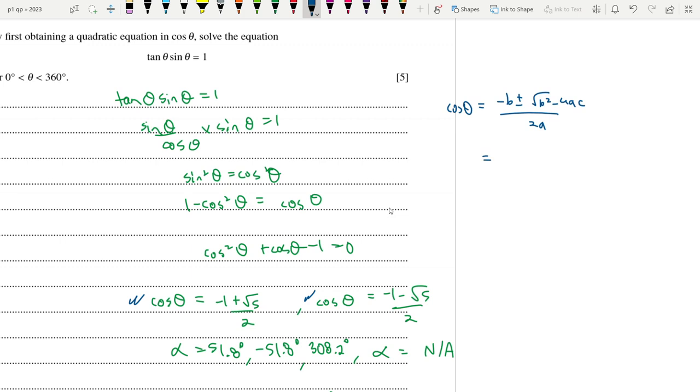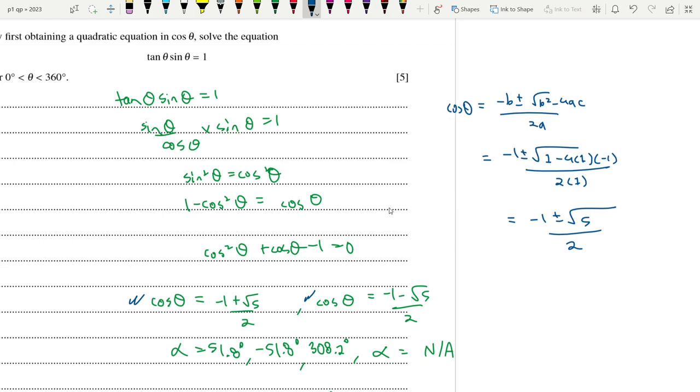So we should show that it's minus 1 plus minus root of 1 minus 4 into 1 into minus 1, by 2 into 1, which is minus 1 plus minus root 5, divided by 2. We should show this, and then I got these two answers.